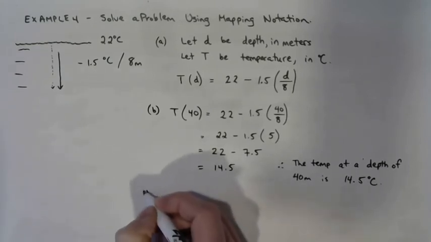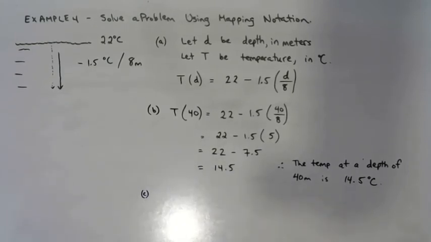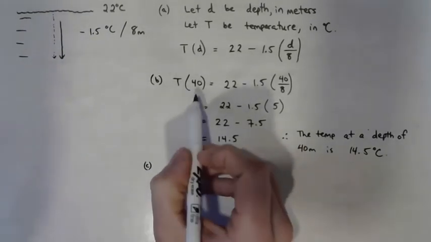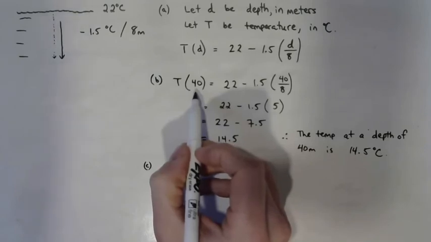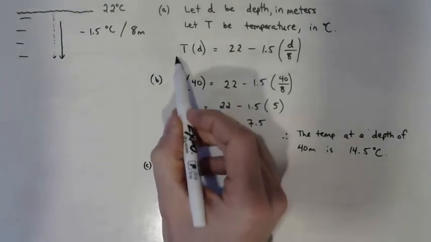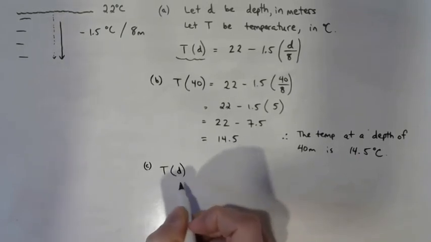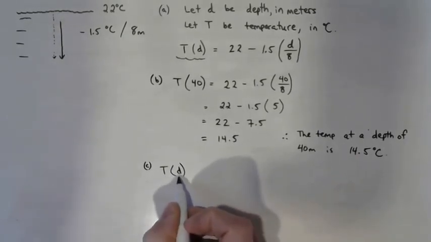What does C say? C says, at the very bottom of the lake, the temperature is 5.5 degrees Celsius. How deep is the lake? So this time, we are not given the depth. Instead, we're asked to find the value of T of D. We don't know the temperature at that depth.